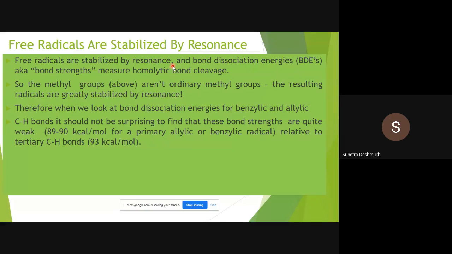Resonance means a carbon-carbon double bond is present on the adjacent carbon atom. And bond dissociation is nothing but the bond strength; it measures homolytic bond cleavage. So these are the resonance factors, and how much energy do you need to break that particular CH bond.